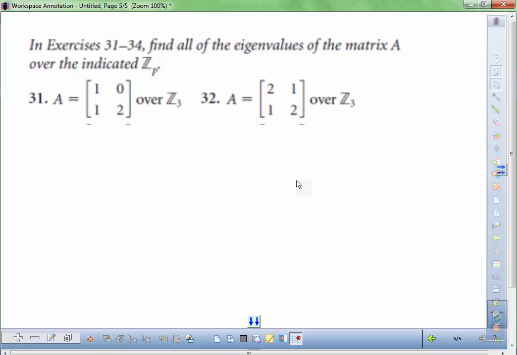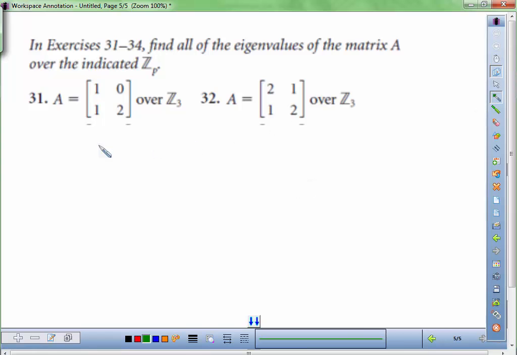Now that we know how to find eigenvalues, which is to find the null space of that A minus lambda I business, we'll do that also. So they're both in Z3. Let's do number 31.